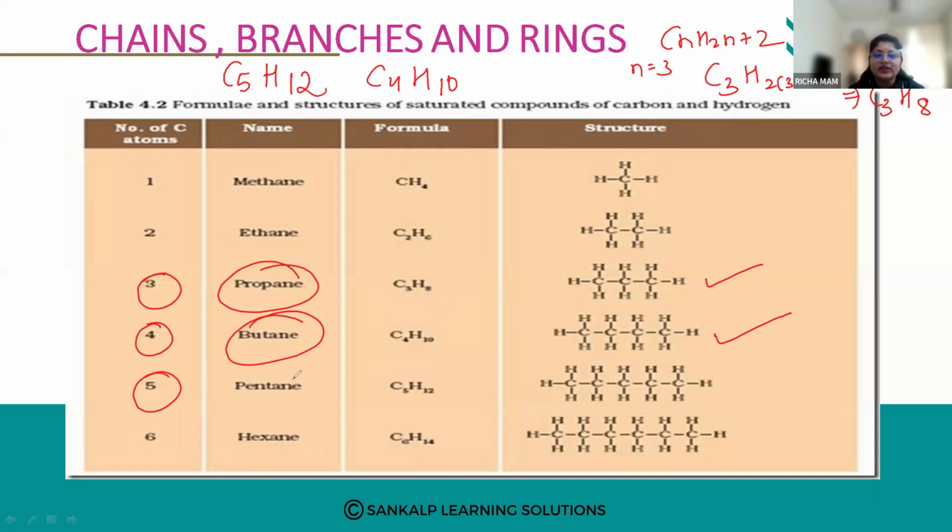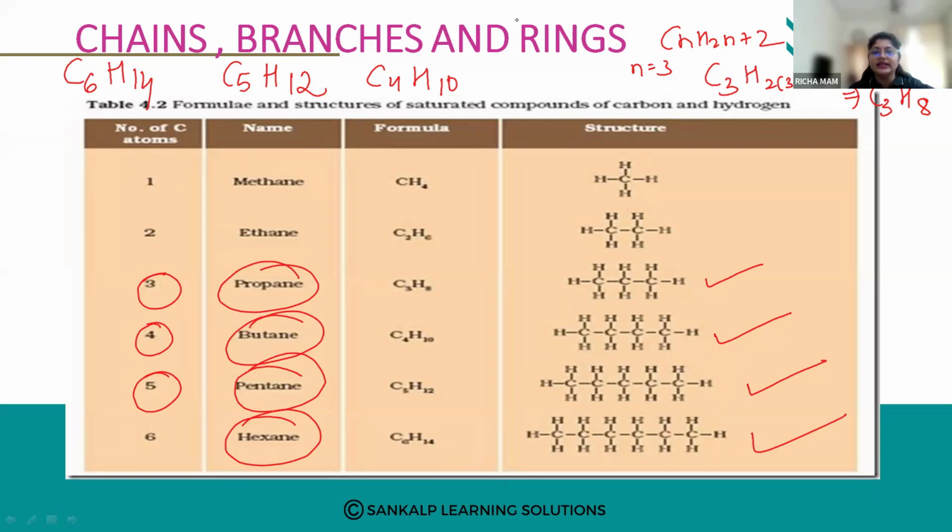So C5H12 is called pentane; pent means 5. This is the structure of pentane. When n equals 6, it will become C6H14. Six means hex, that is hexane. The formula is C6H14 and the structure is like this.